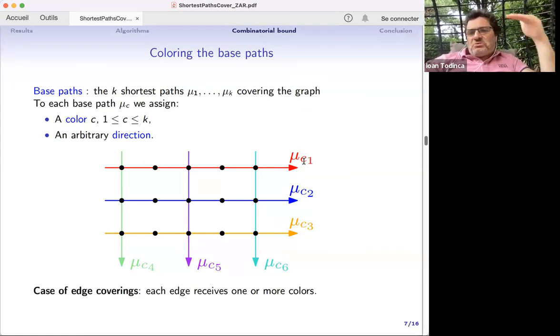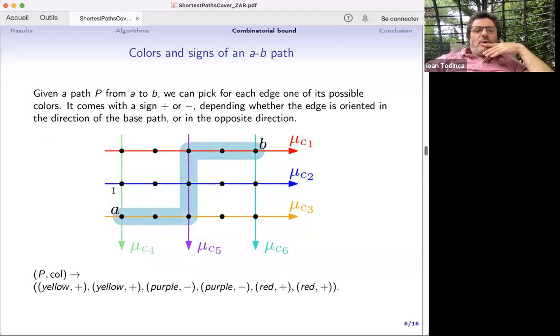I just choose a direction on each of the paths. I put an arrow like that. And by definition, if I'm in a yes instance, each edge will be covered by at least one of these paths. So we'll have at least one color. In my example, each edge has exactly one color, but of course this is a particular case. Now, if I look at one path here, for example, the path that is bold.